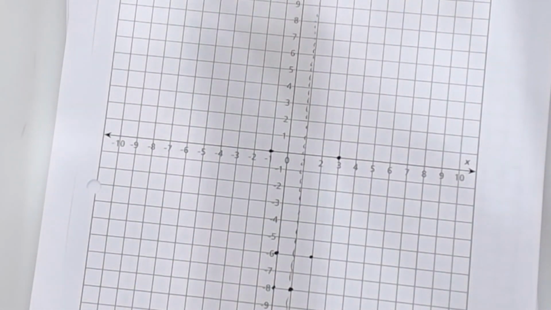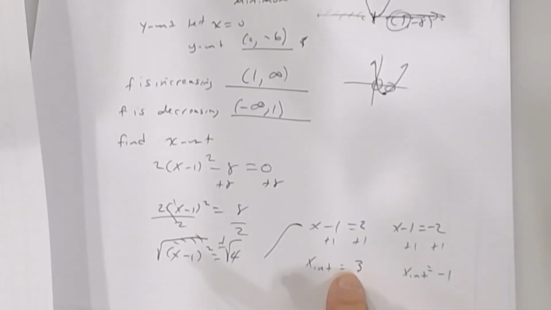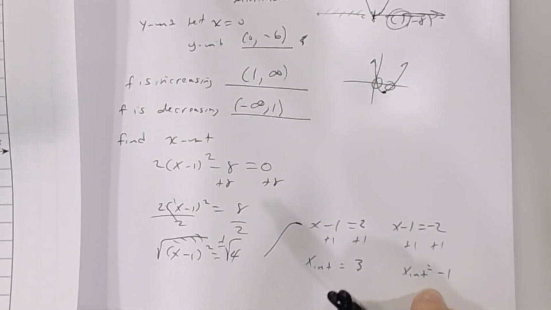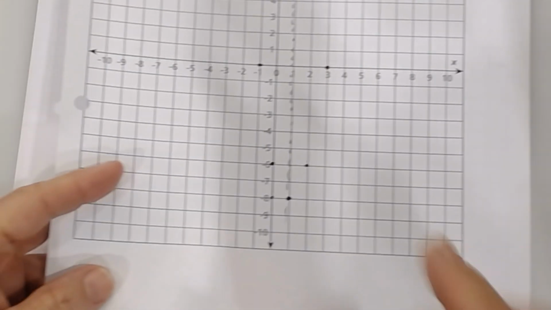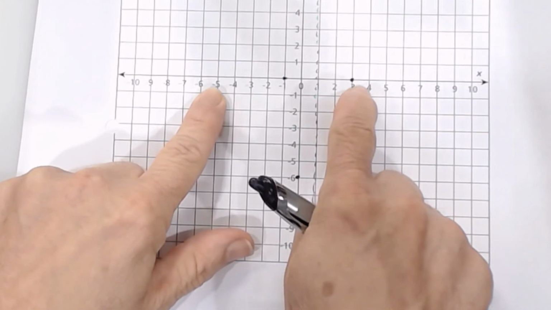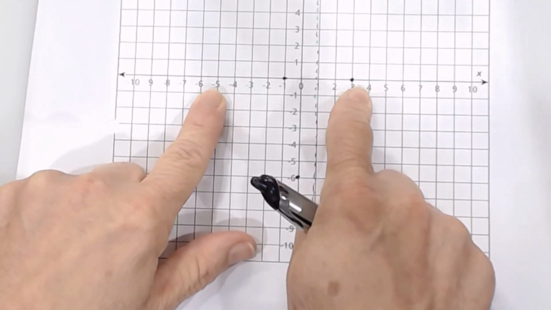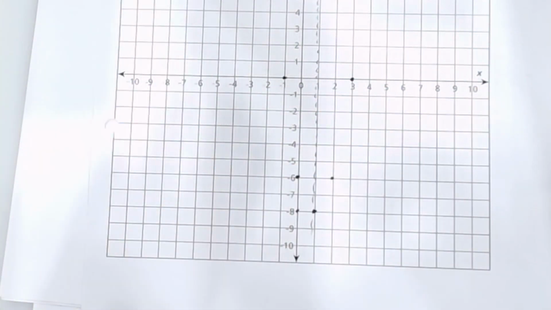The negative 1. So if you made a mistake and you found the x-intercepts to be 3 and, let's say, negative 4, would that be correct? No, because 3 and negative 4 are not symmetrical about the axis of symmetry. So you know you did something wrong. There's always a check and balance here.